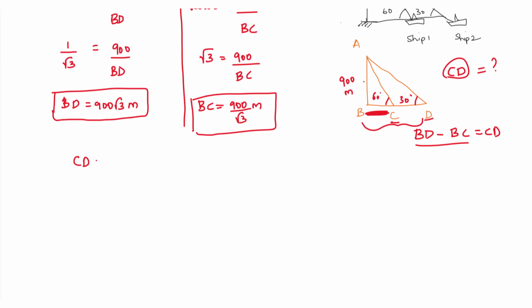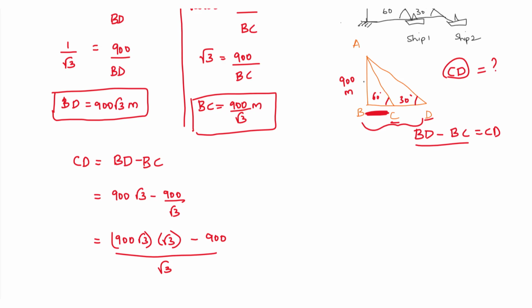The distance between the ships CD is equals to BD minus BC. That is, BD is 900 root 3 minus BC is 900 by root 3. That is equals to 900 root 3 into root 3 minus 900 divided by root 3. That is, root 3 into root 3 will give us 3.